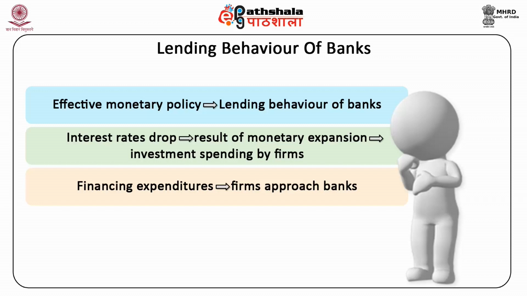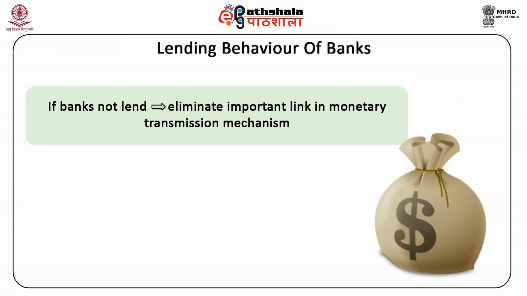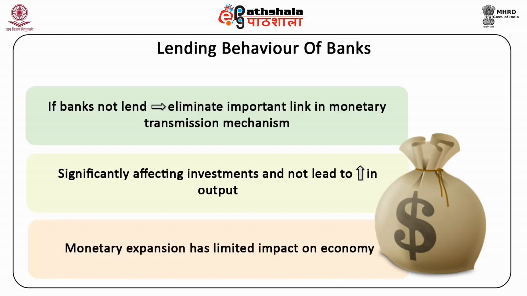But it may be possible that banks may not be willing to lend due to prevalent pessimism in the market. If the banks do not lend, this will eliminate an important link in our monetary transmission mechanism. Thereby, it will significantly affect the investment and will not lead to the rise in the output. That is the reason why sometimes monetary expansion has only limited impact on the economy.